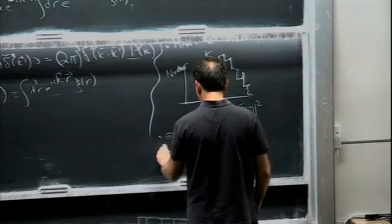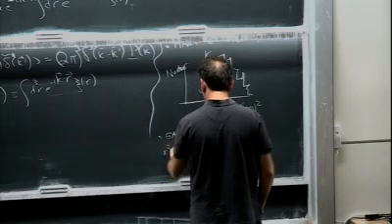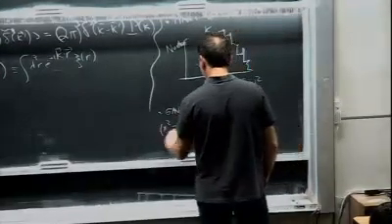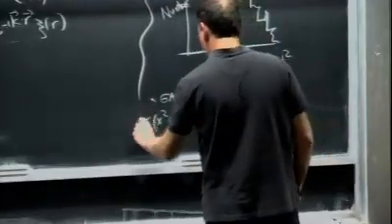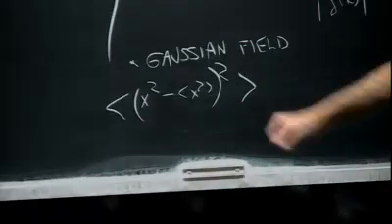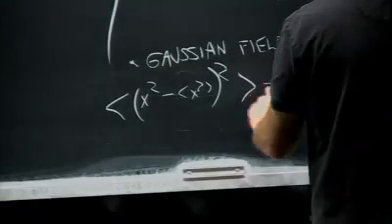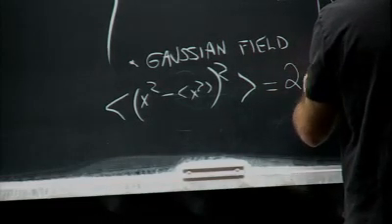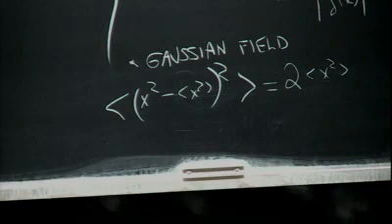You can show that the variance minus the true variance, so you want the variance of the variance, that's the error on the power spectrum, is equal to twice the variance squared, I guess.